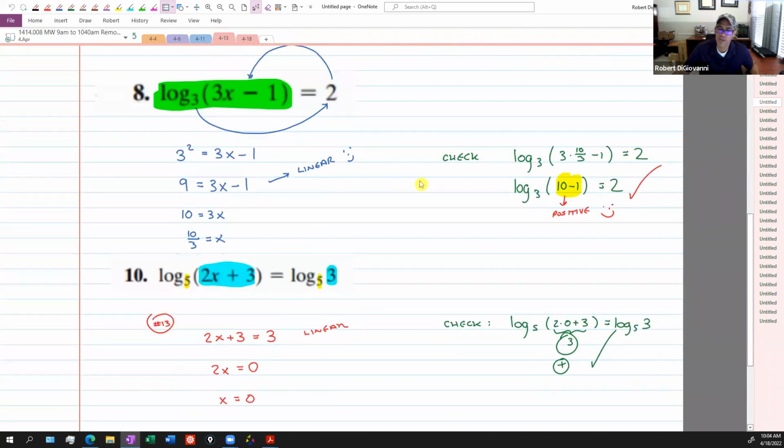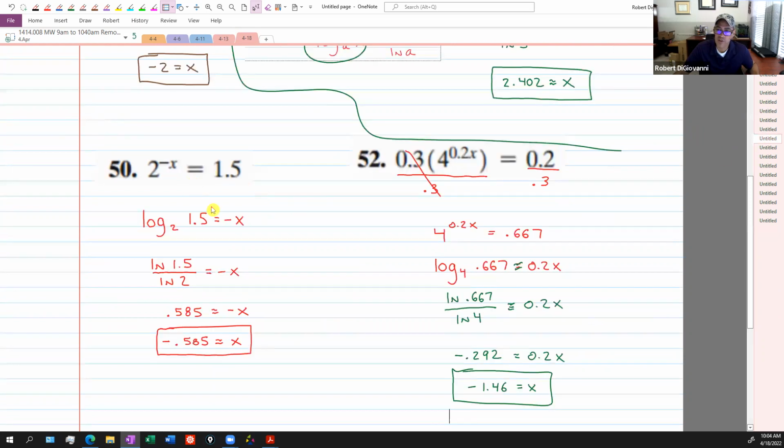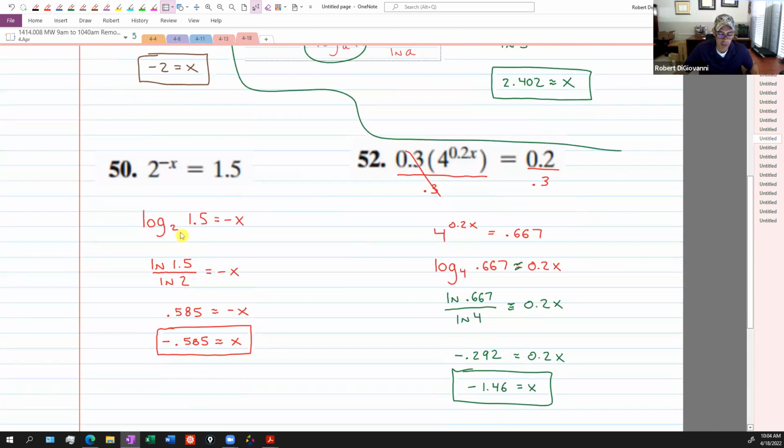Just do the loop. And then we slowly added layers of complexity. That's exactly what we're doing here. We're starting with basic exponential equations where you just convert it to the log and then use your calculator. Oh, we had to divide both sides first, then go to your calculator.